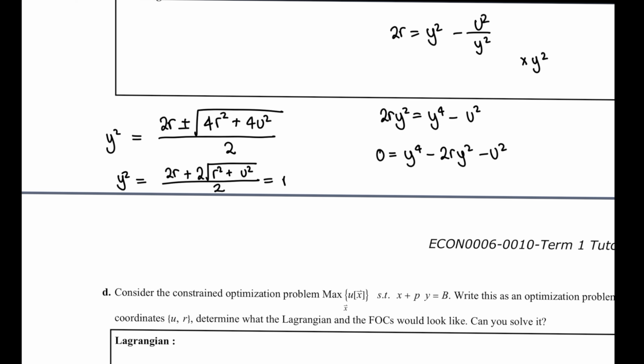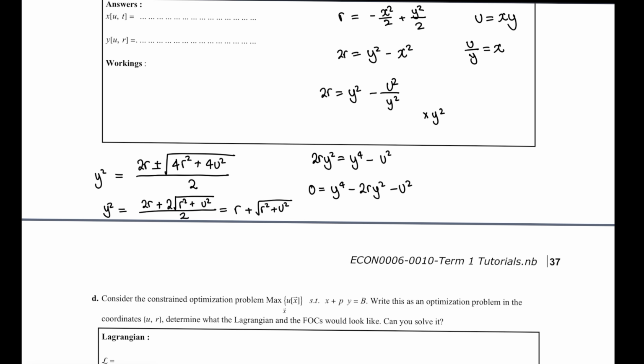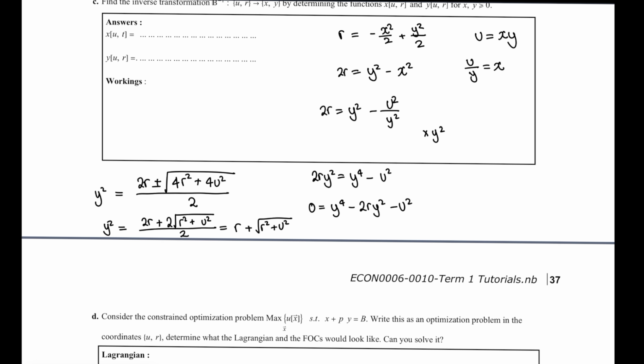And this will be r plus the square root of r squared plus u squared. So therefore, y as a function of u and r would be the square root of r plus root r squared plus u squared.